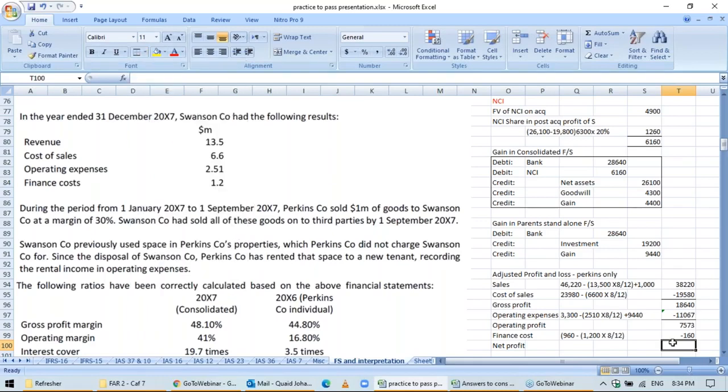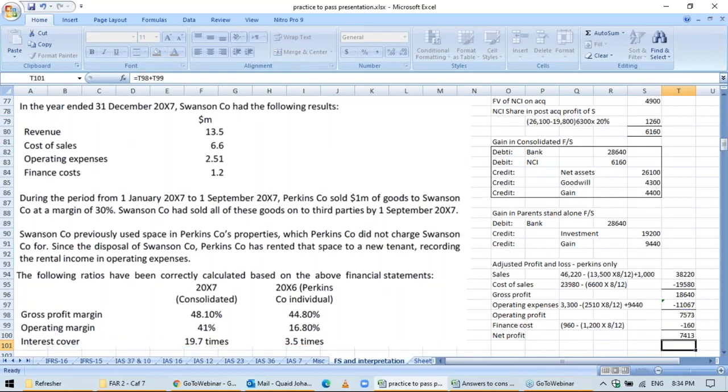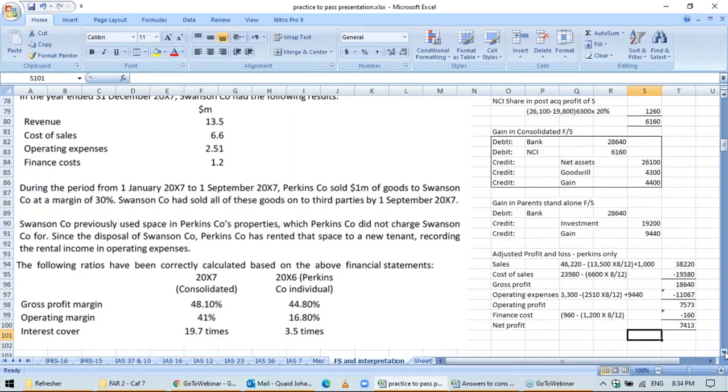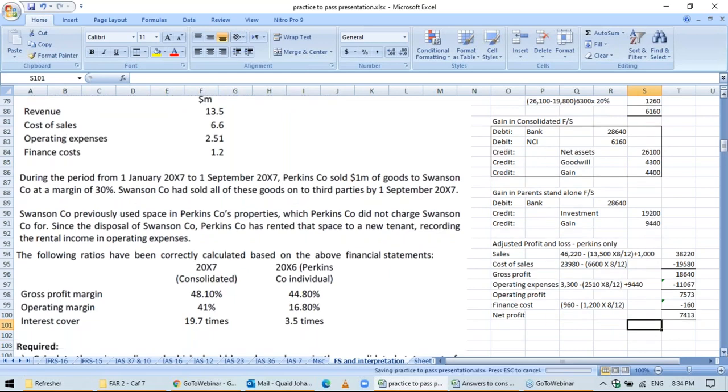Now, this is all about the continuing operations so that we can compare with the previous year of the individual Perkins financial statements. Okay. So we are done with the separation work now.